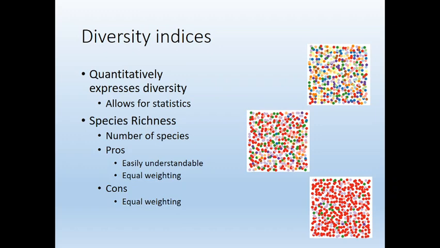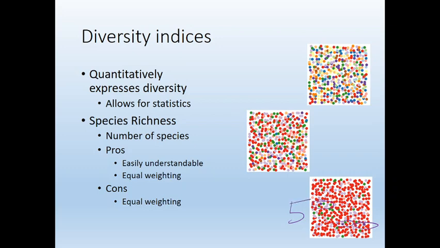But the bad thing about species richness is that the species are equally weighted. If you look at all the different colors here, there's red, gray, green, purple, and pink, so 5 different species. Species richness here is 5.